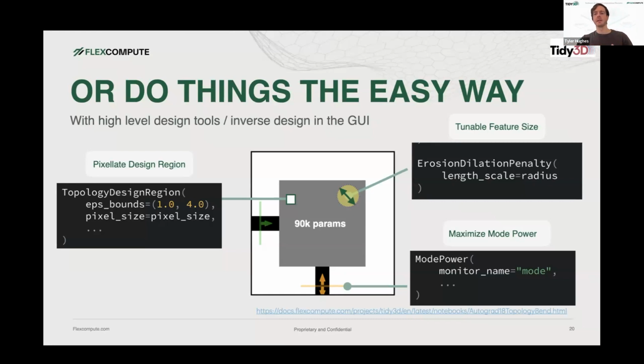I can even add a tunable feature size constraint to make sure that the final result is fabricable, and I can define an objective function without having to touch any of these Python functions or AutoGrad. This object-oriented design is nice because in the background, it constructs the function the automatic differentiation will use to compute the derivatives, but as a user, you don't have to worry about it.